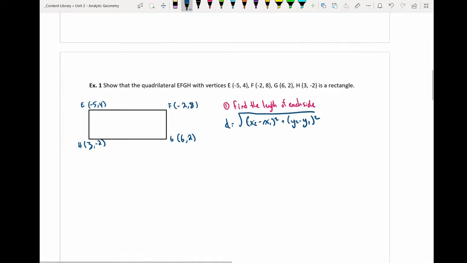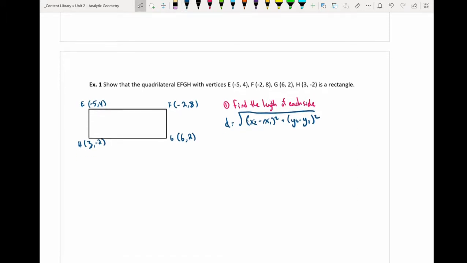And now we're going to go into our points. The first one we'll do is the distance of EF.